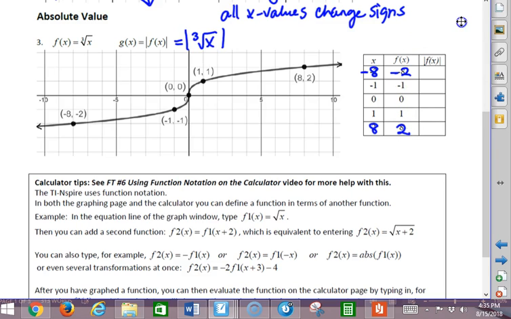So all negative y values become positive. Positive y values don't change.